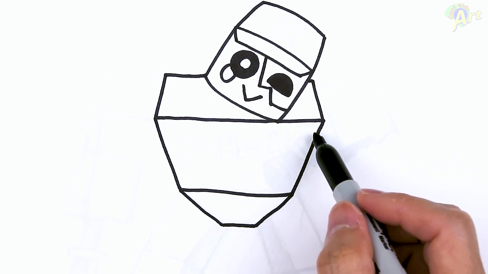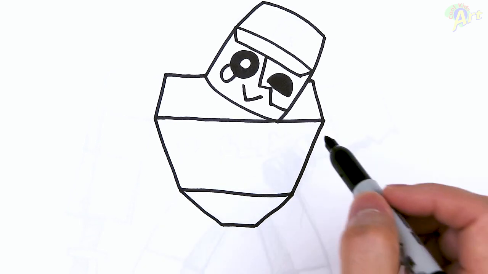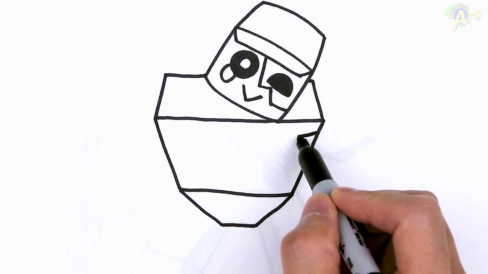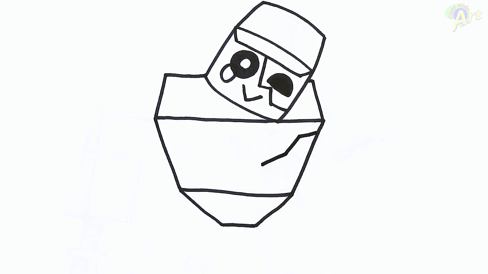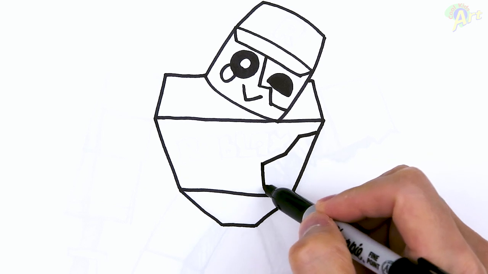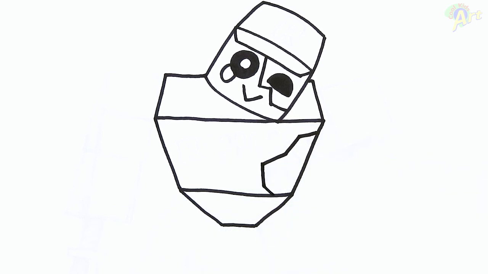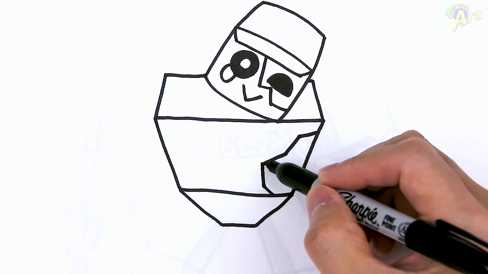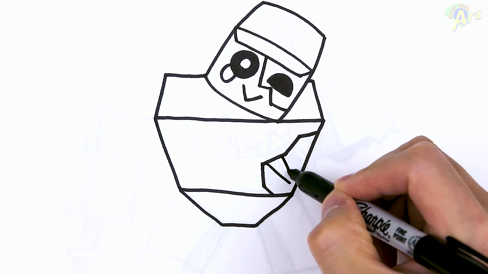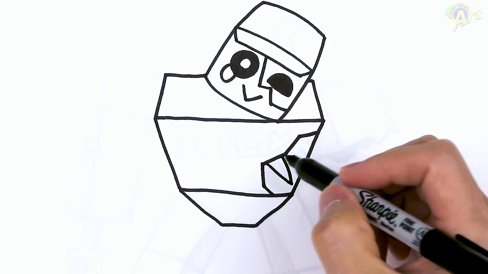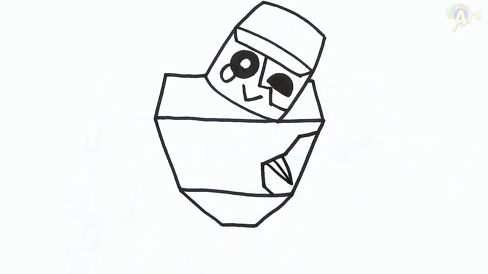And then let's draw this really cool part right here, his rib cage coming out. So right here, I'm just gonna zigzag into the body. Just kind of come down and then just kind of close everything off. And then let's draw in the ribs. Okay, just one little angle like this, and let's add a little line in the middle.